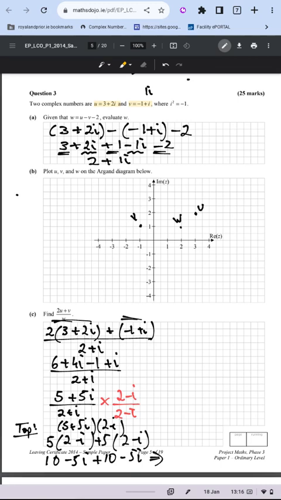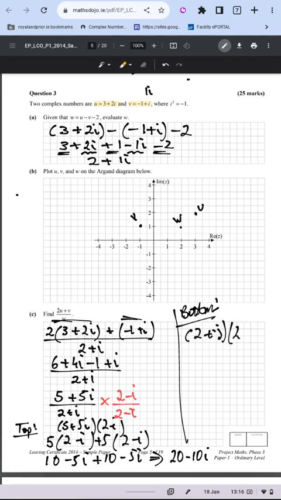When you tidy that up, your top line gives you 20 minus 10a. The same there for your bottom. So your bottom is 2 plus a times 2 minus a. And when you multiply a number by its conjugate, you'll end up with a real number. So bust your brackets.